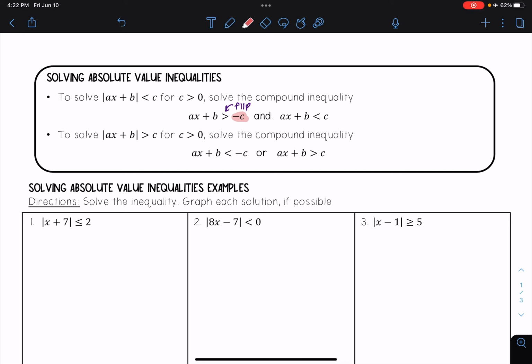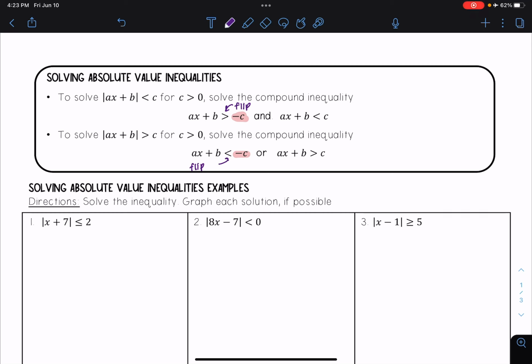And you'll notice the same thing here. To solve the absolute value of ax plus b greater than c, I'm going to rewrite the first one to have the negative or opposite sign as my answer, and then I'm going to flip that inequality. The second inequality is just going to be the same thing.